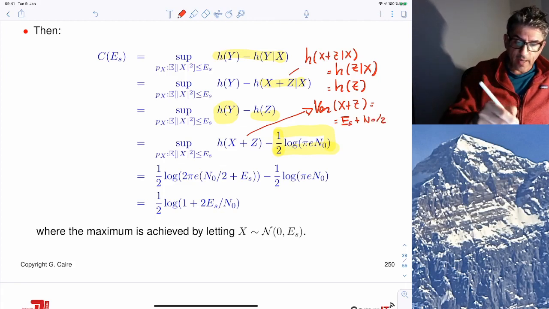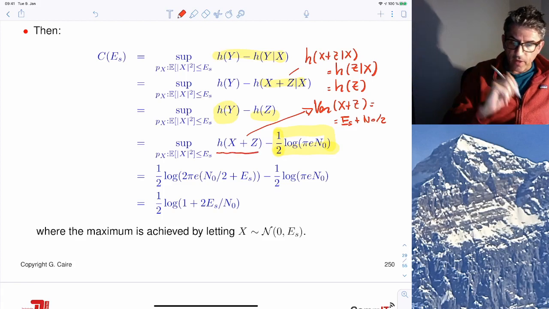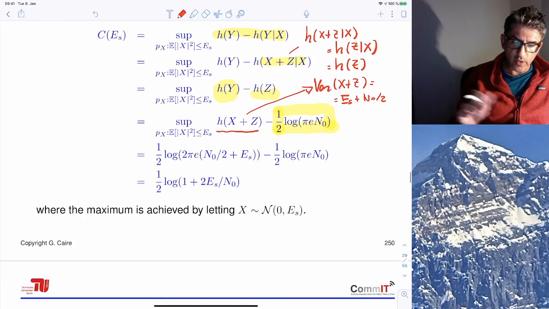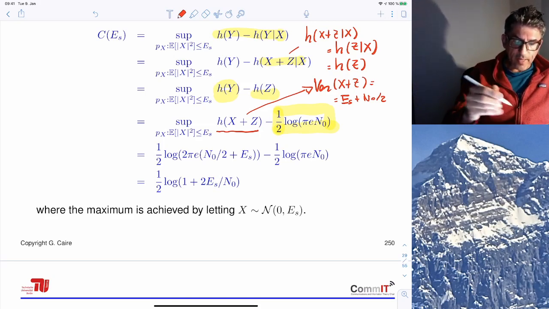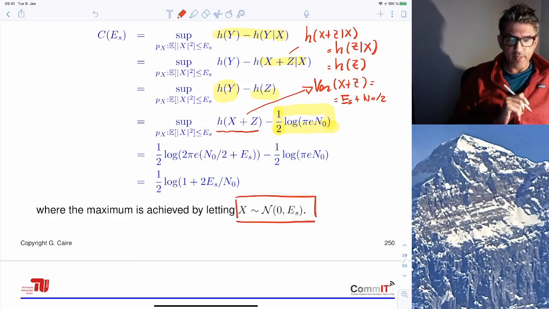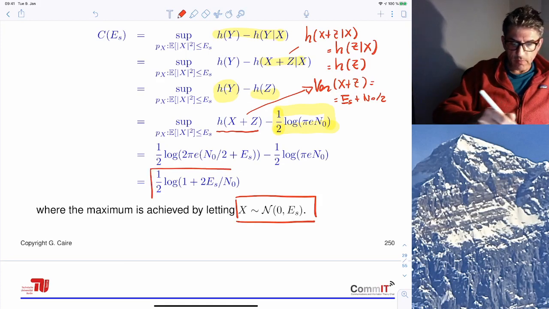So we are in the case where we have the differential entropy of a variable whose variance is constrained, and then the best thing to do is when x plus z is Gaussian. But how do we make x plus z Gaussian when z is Gaussian? There is only one choice, because the sum of two independent Gaussians is Gaussian and there is no other choice. So the only choice to do here is to let x also be Gaussian. So by letting x Gaussian with zero mean and variance es, we obtain this maximum.